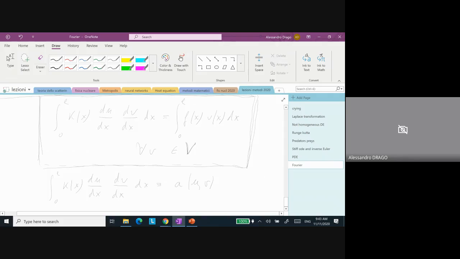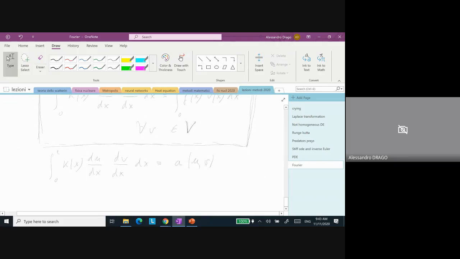This is a functional. It takes two functions, u and v, and it provides a number. And this functional is bilinear, in the sense that it is linear both in u and in v.